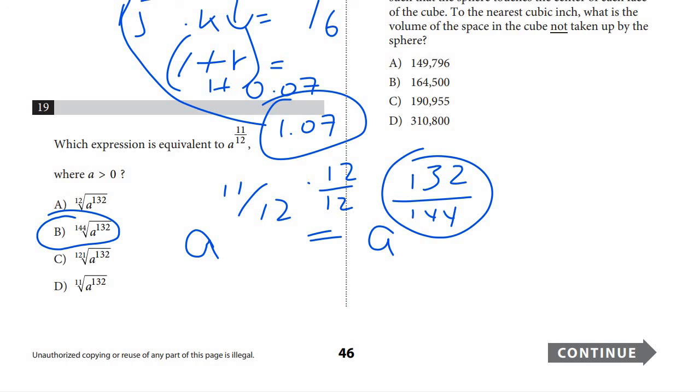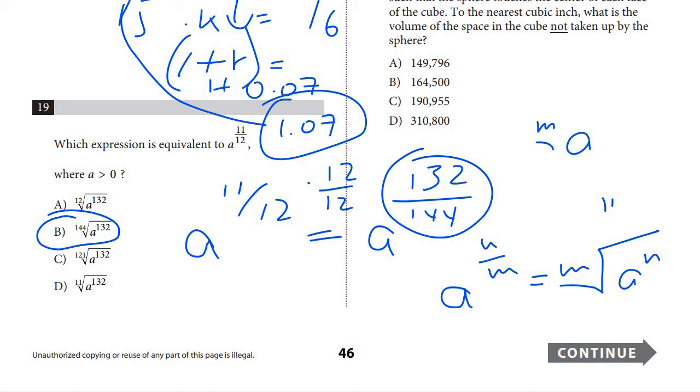And just for full transparency, you should know that a to the n over m is rewritten in radical format as the mth root of a to the n, or as the mth root of a raised to the power of n.